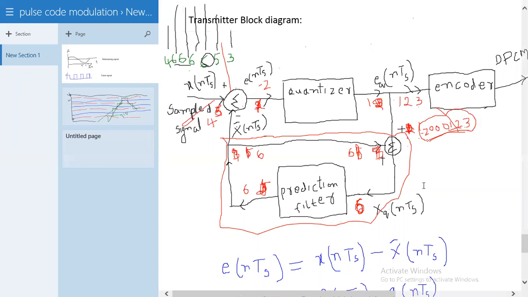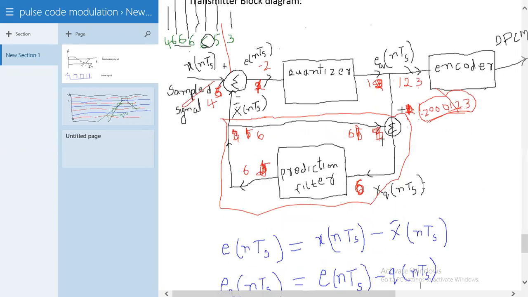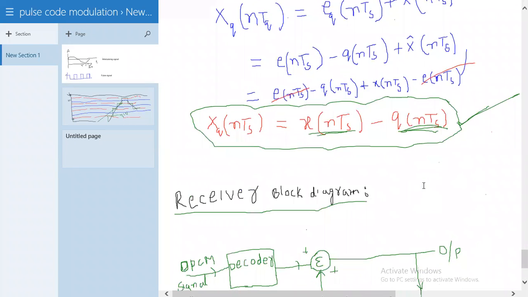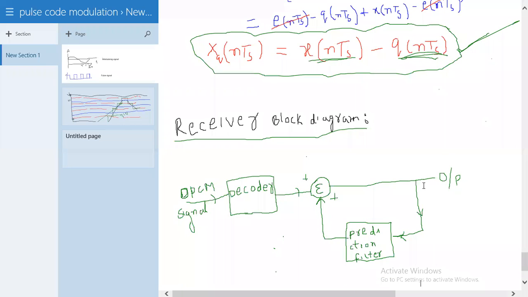So at the receiver section, the receiver block diagram of DPCM is this one. Decoder. Again here we use the adder and prediction filter, and here you will get the output.